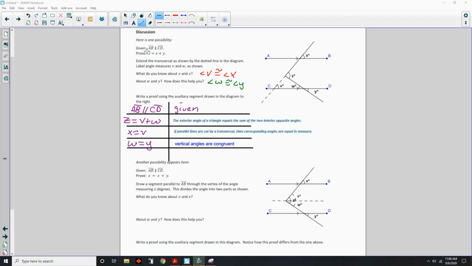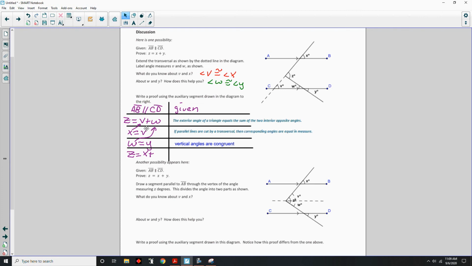Okay, from this I can cut to the chase and say z equals, so here we have v plus w. So we know z equals v plus w, but then we can substitute in x for v. Since v equals x, I can replace v with x plus, and w is equal to y, so I can take this w and substitute in y in place of it because they're equal.